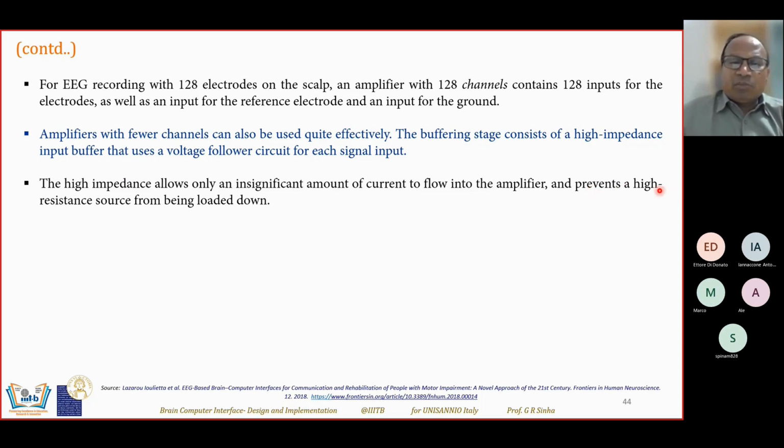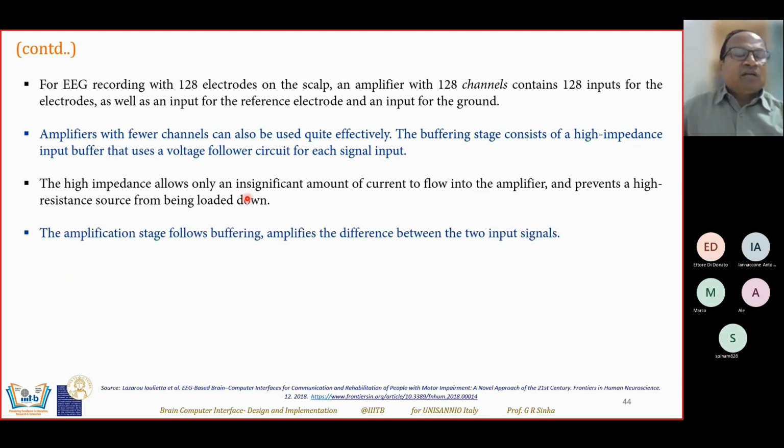Somewhere it is written, it prevents a high resistance source from being loaded down. So the overloading effect that can cause difficulty in the performance of the differential amplifier is addressed by using the high impedance buffer amplifier.